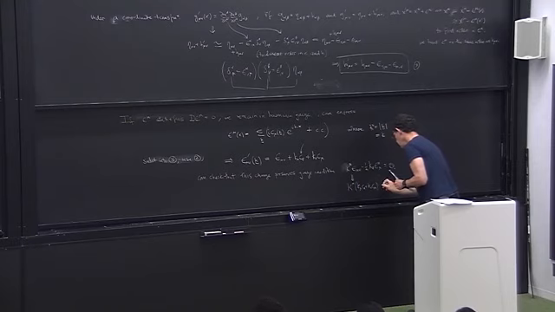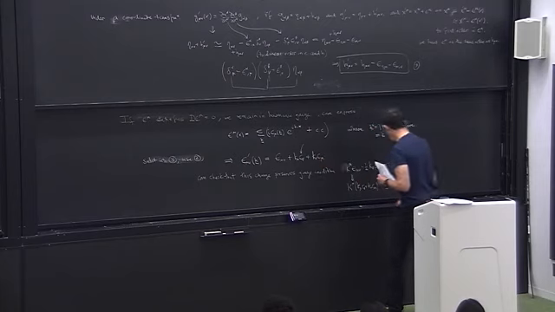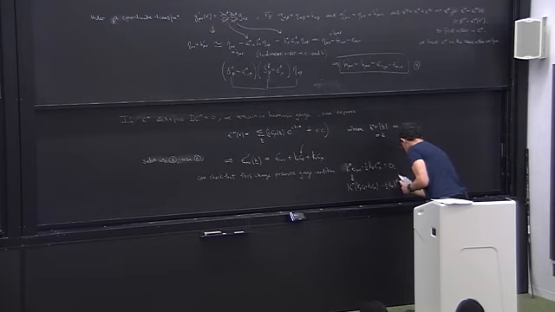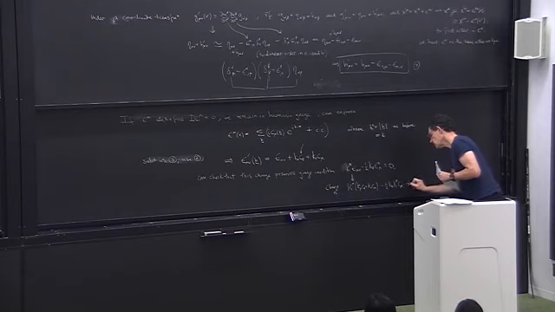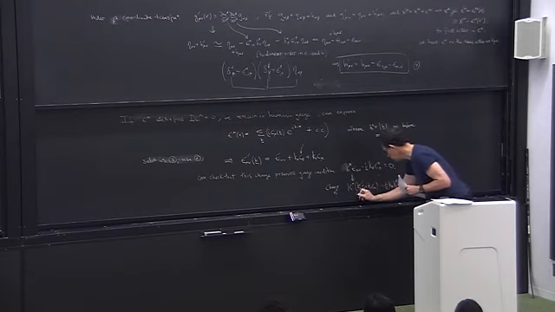And then over here, I'm going to have a change in the trace, which would be just k dot c, k mu c mu. Okay, so the change is this term, and this is 0, because k squared equals 0.